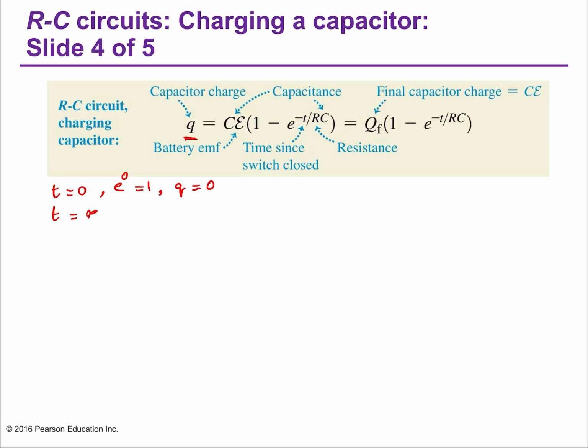And when the time is infinity, we have e to the power minus infinity, which is 0, and what you have in the parentheses is just 1 minus 0. So the charge Q will be just EC multiplied by 1, so Q will just be equal to E times C, the charge that we call QF.